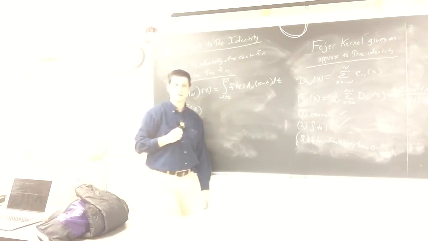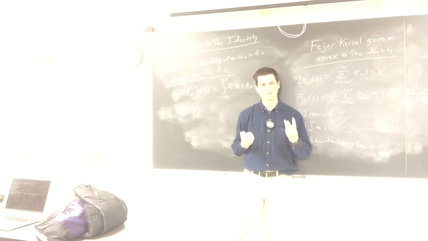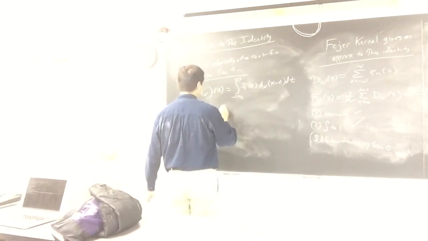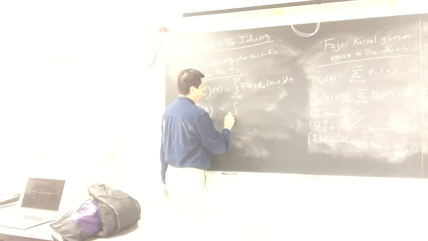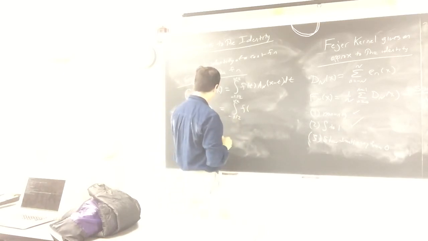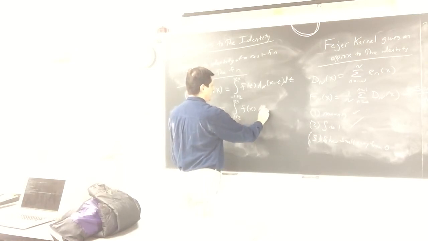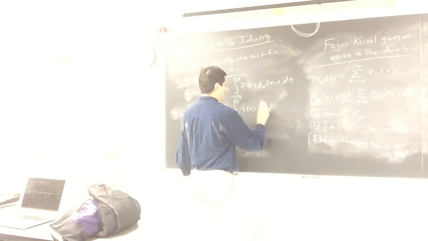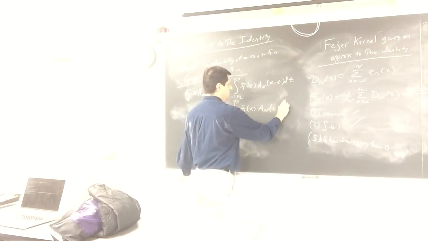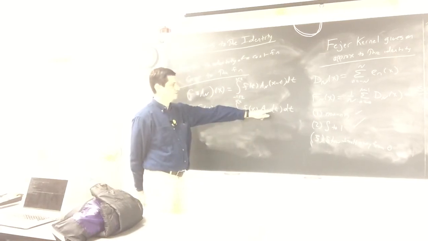What do I love to do? And I know I'm going to lose time by saying this. What is my favorite thing to do mathematically? There's 3 things. Multiply by 1. f of x is the same as the integral from minus a half to a half of f of x A_N of t dt, right, because the integral of A_N of t dt is just 1.